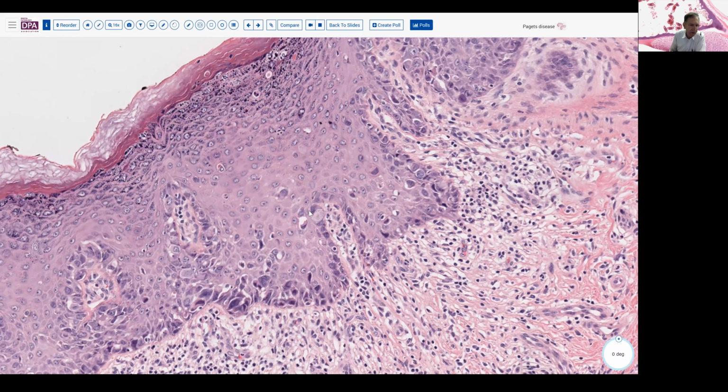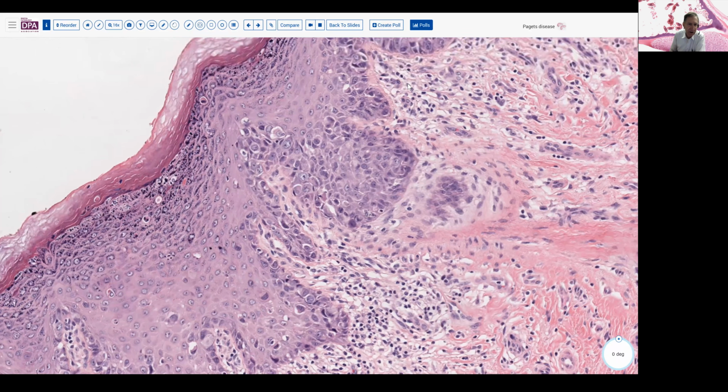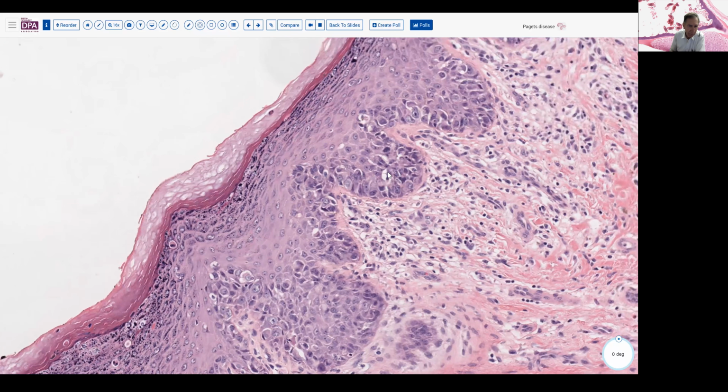And then the CK7 would be usually positive in most of the adenocarcinomas of this type. We can also do hormone markers like ER, PR, or HER2, because those will often also be positive in these cells in a majority of cases, because these cells tend to represent usually a mammary type intraepithelial carcinoma.